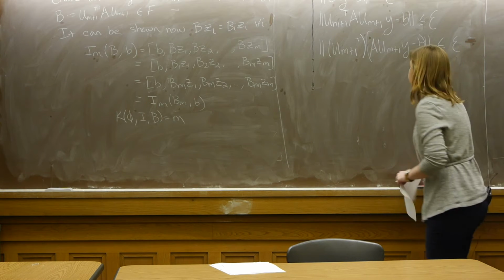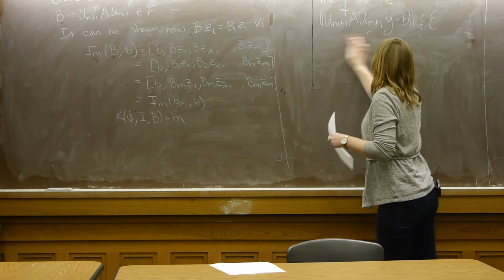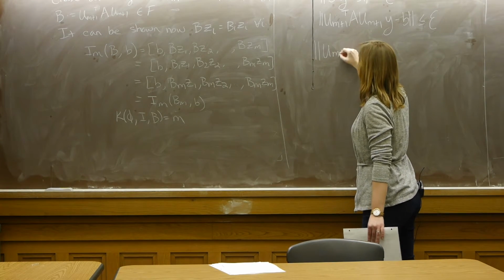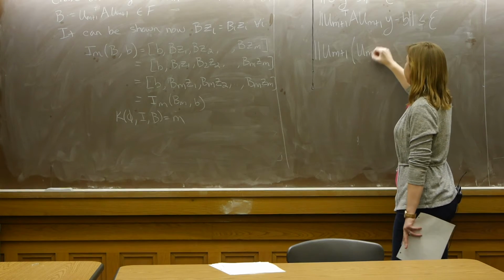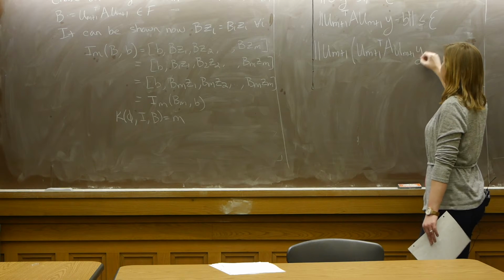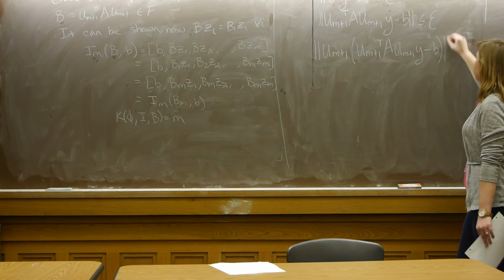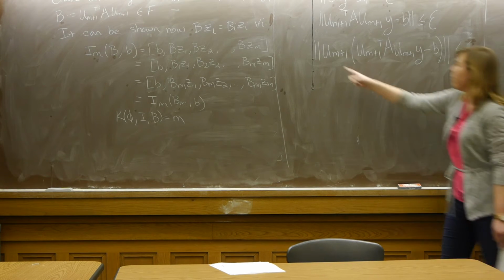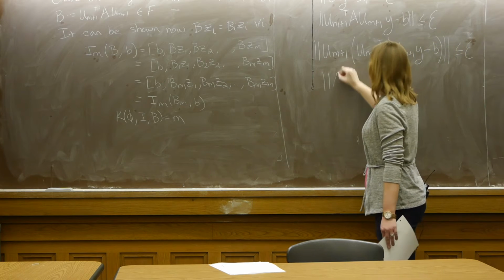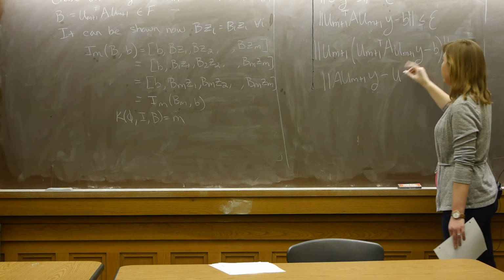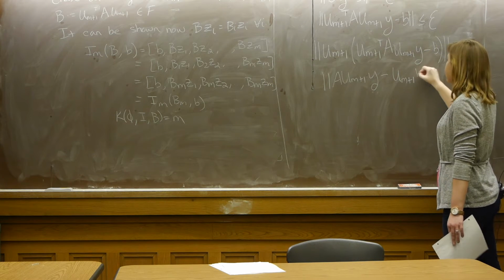Or maybe I'm going about, okay, instead of this, let's multiply in U_{m+1}. Why can I do this? Because U_{m+1} is orthogonal. So if I multiply this through here, we should just get U_{m+1} y. And then here we'll get U_{m+1} b.